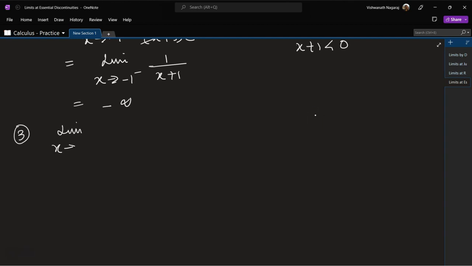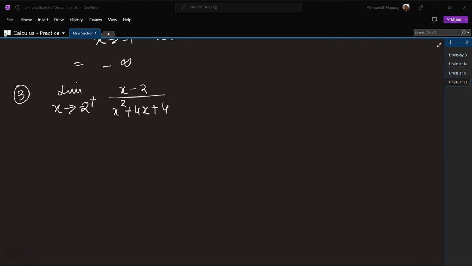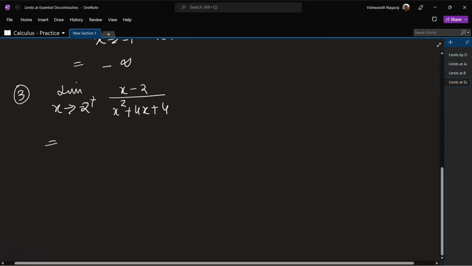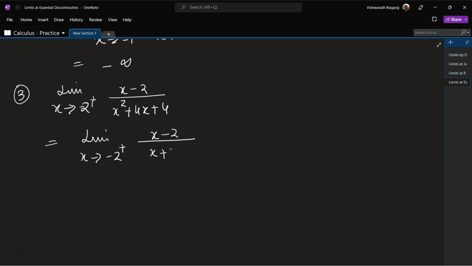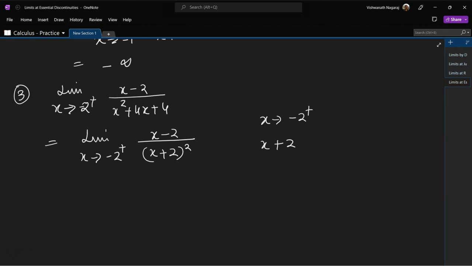Limit as x approaches minus 2 from the positive side of x minus 2 by x square plus 4x plus 4. Here let's simplify this. So limit as x approaches minus 2 from the positive side of x minus 2, the denominator becomes x plus 2 square. So x approaches minus 2 from the positive side means x plus 2, would it be less than or greater than? So let's take a particular value.